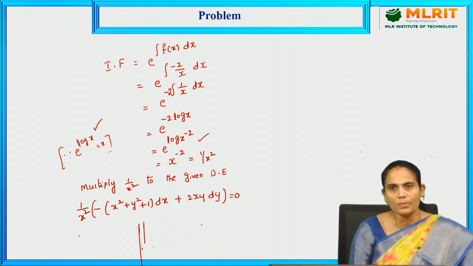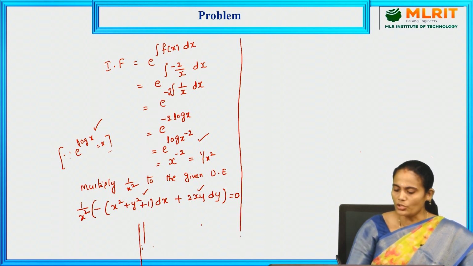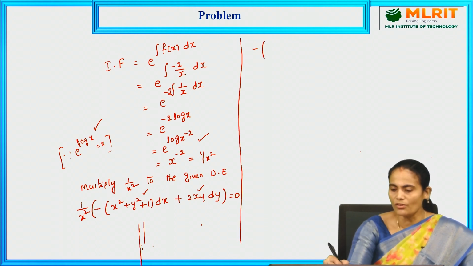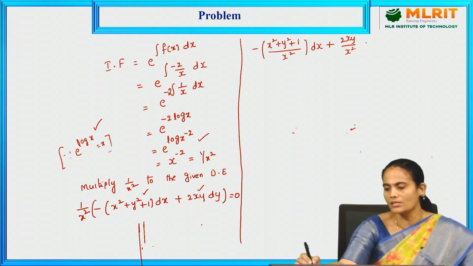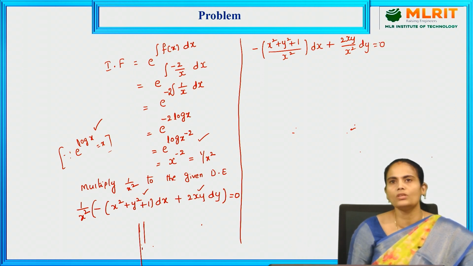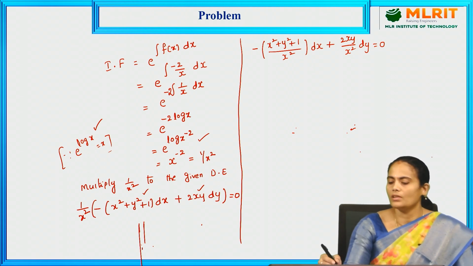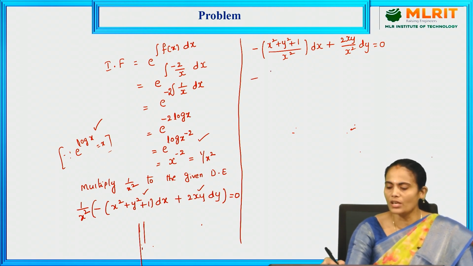And now multiply 1 by x square with each term of this differential equation. So minus of (x square plus y square plus 1) divided by x square dx plus 2xy by x square dy is equal to 0. Now you have to do the simplification by dividing each term of the numerator of the coefficient of dx by x square.